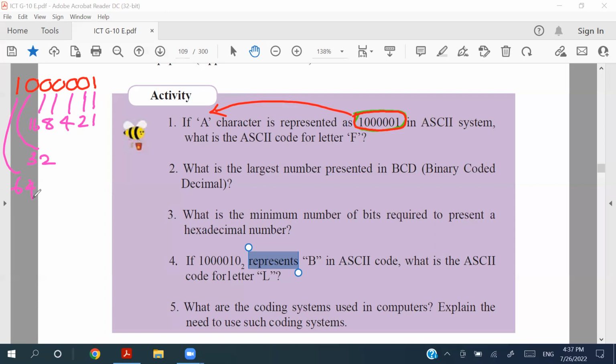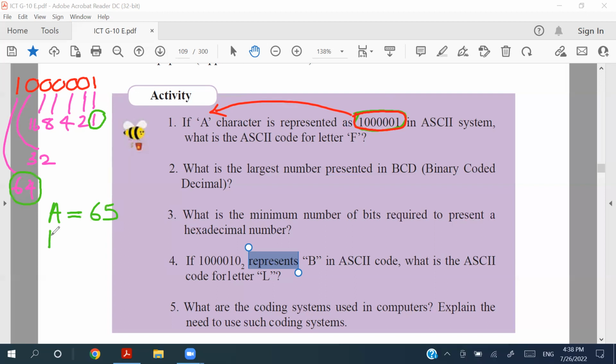So what are we going to add up? We are going to add 64 and 1, which gives us the value of A, which means 65. So A is equal to 65. Then we are going to find the value for F.